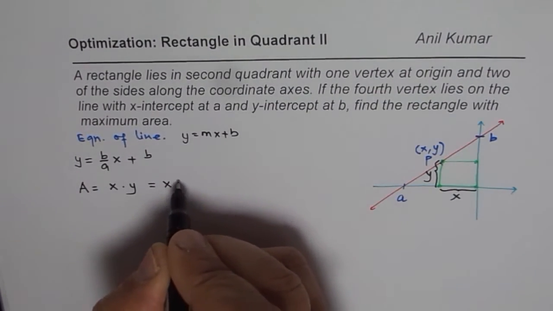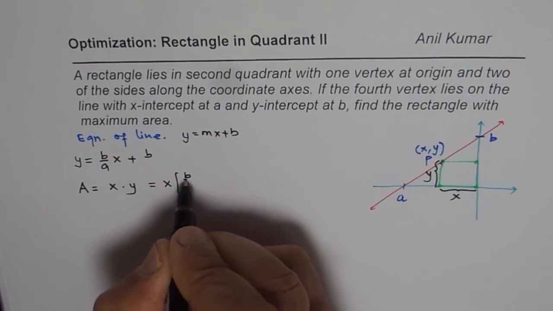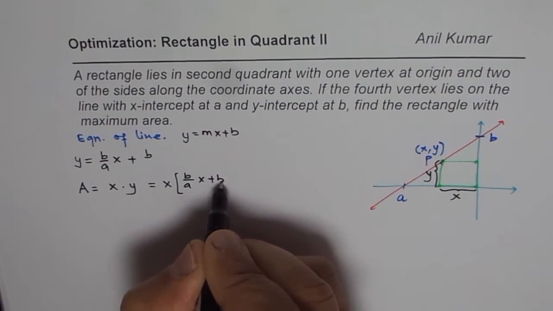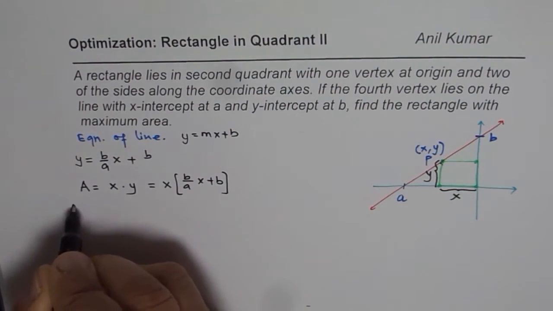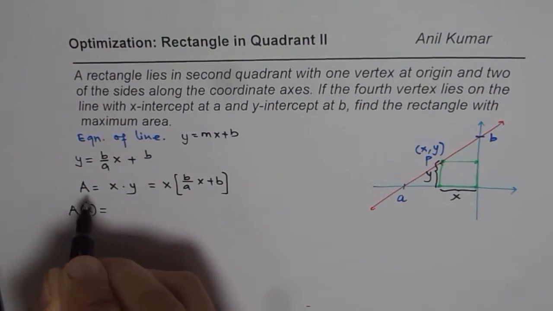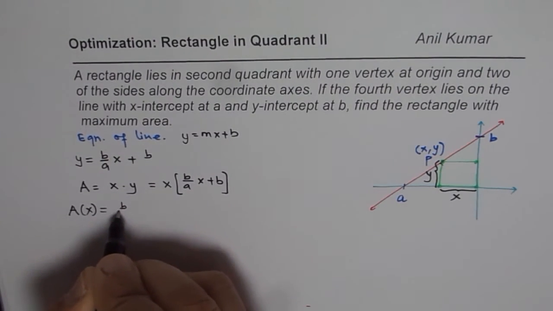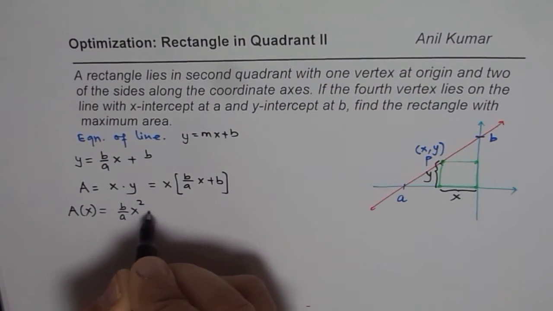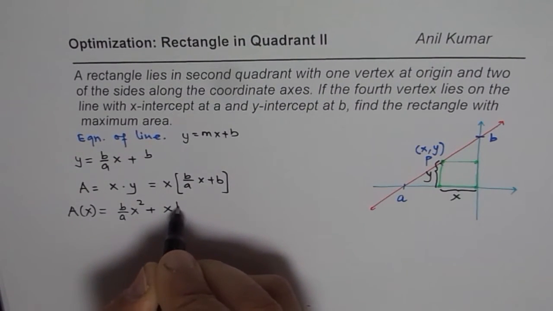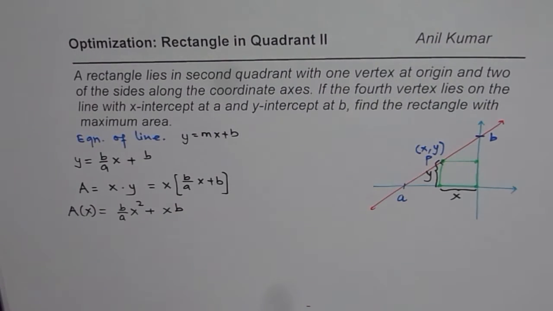You get x times (b over a x plus b). So what you get here is area as a function of x. We'll write this as b over a x squared plus x times b. So that is how you get a relation of area in terms of one variable, x.